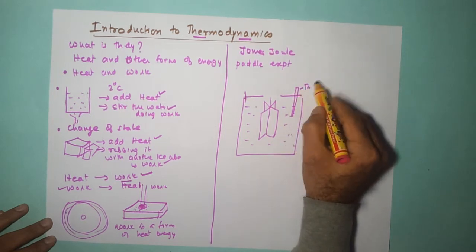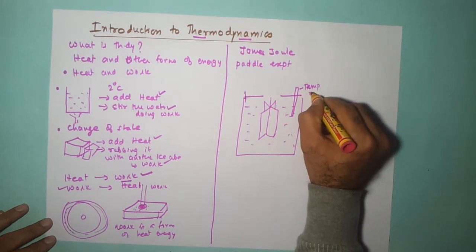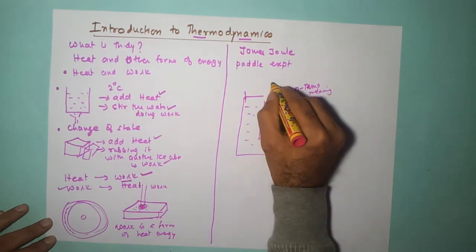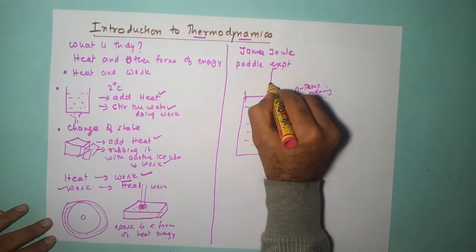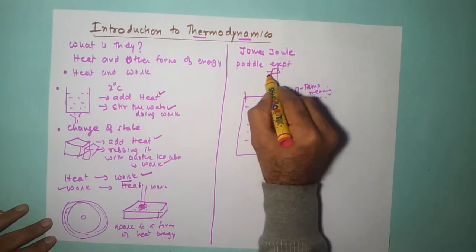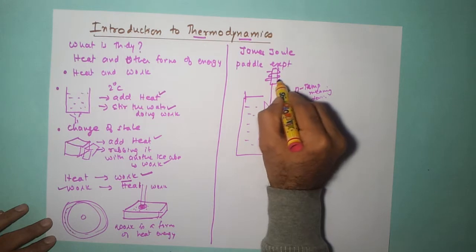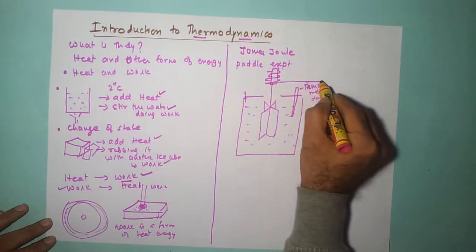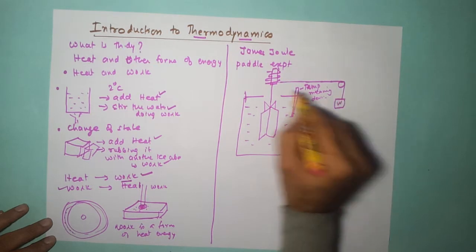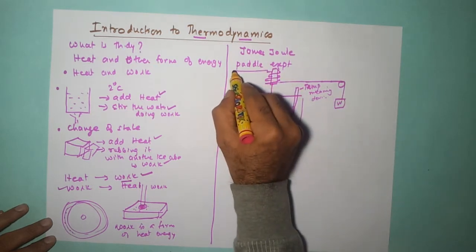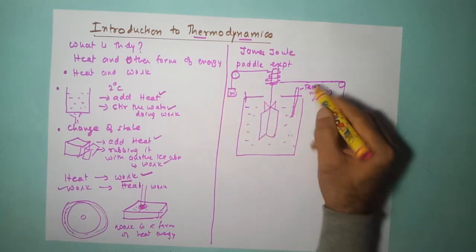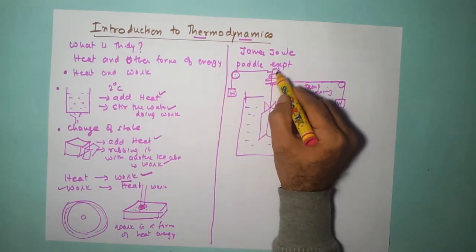Let us say this is a temperature measuring device, and this was connected to a system wherein you had a rope or thread, and this thread was connected to a pulley, and this was connected to weights. Same over here, you had a pulley, and then this connected to weights, and these weights were allowed to fall down. So when the weights fell down, they rotated this spindle.